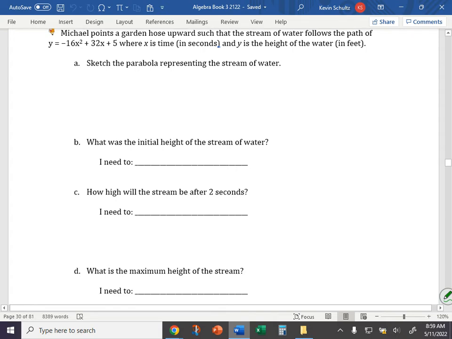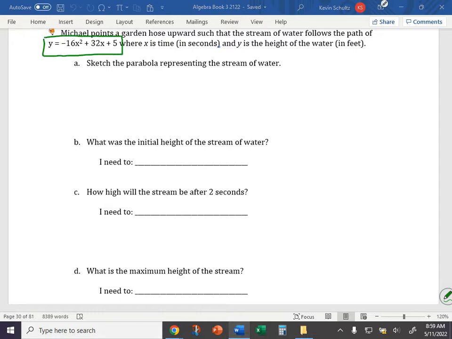Michael points a garden hose upward such that the stream of water follows the path of y equals negative 16x squared plus 32x plus 5, where x is the time in seconds and y is the height of the water in feet. It's also important to know what our variables represent. x is the time the hose is running, and y is the height of the water as it goes.